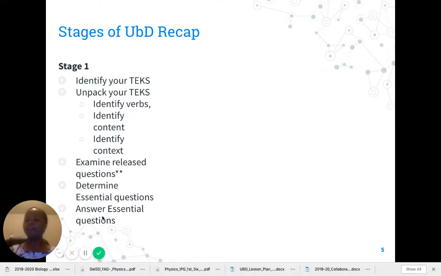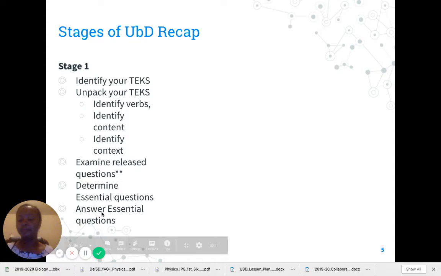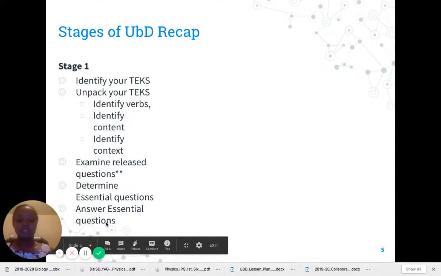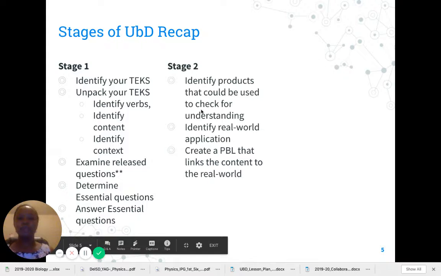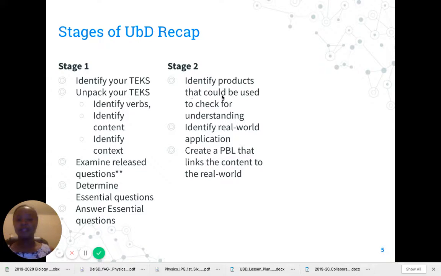I'm using that word a lot, but it's applicable. And you want to answer those essential questions. For stage 2, you identify the products that could be used to check for understanding, and any activities and formative assessments that you plan to use. Identify some real-world application of your concept, and then create a PBL that links the content to the real world.